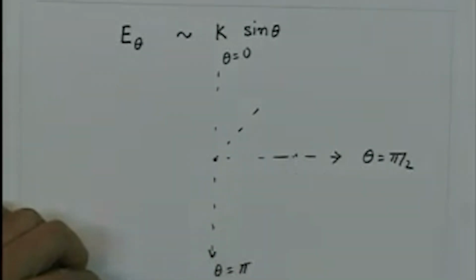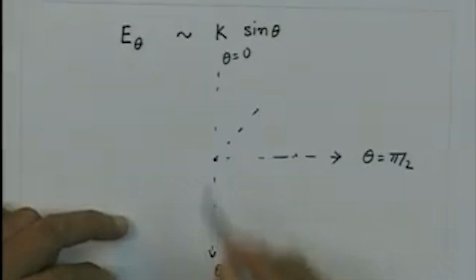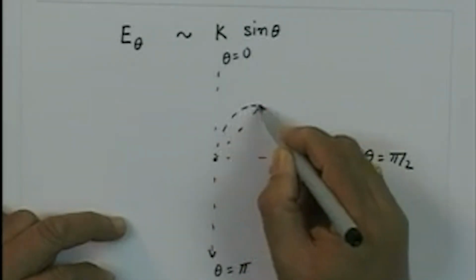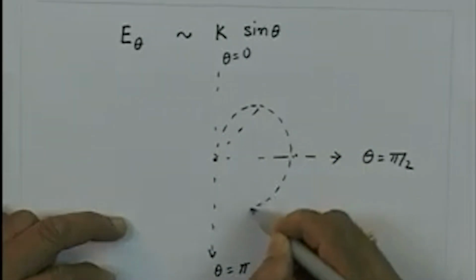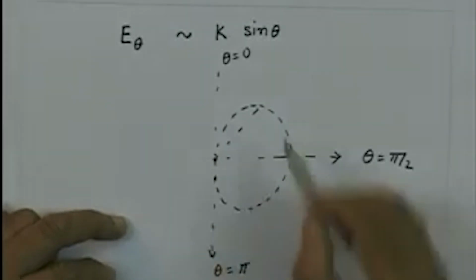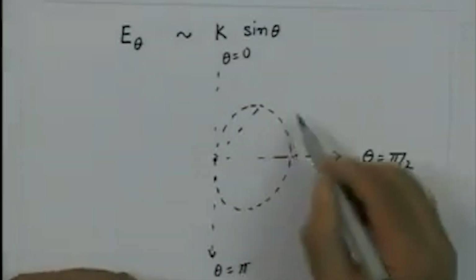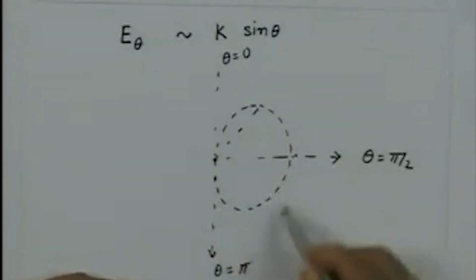Again when I go to 135 degrees it will be 1 over root 2, and when theta becomes equal to pi, again the field will go to 0. So the field variation will be something like that. If I vary the value of theta, fix some value of phi and plot this, that is the variation I am going to get as a function of theta.